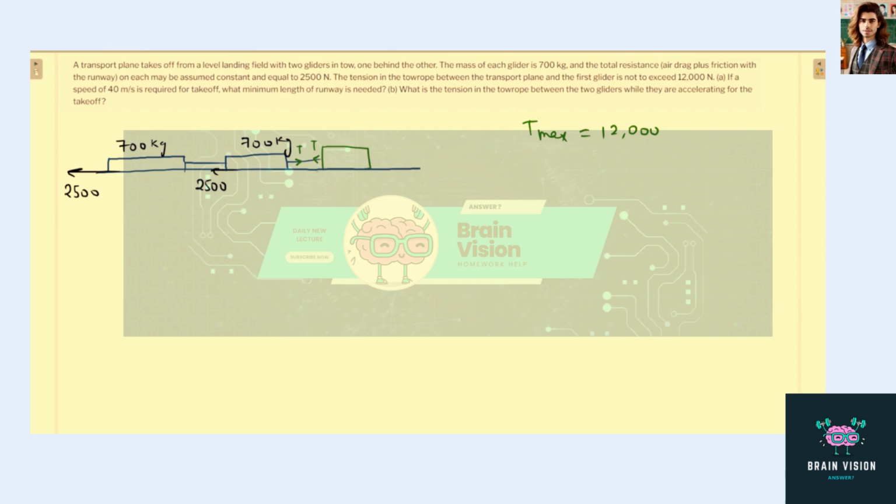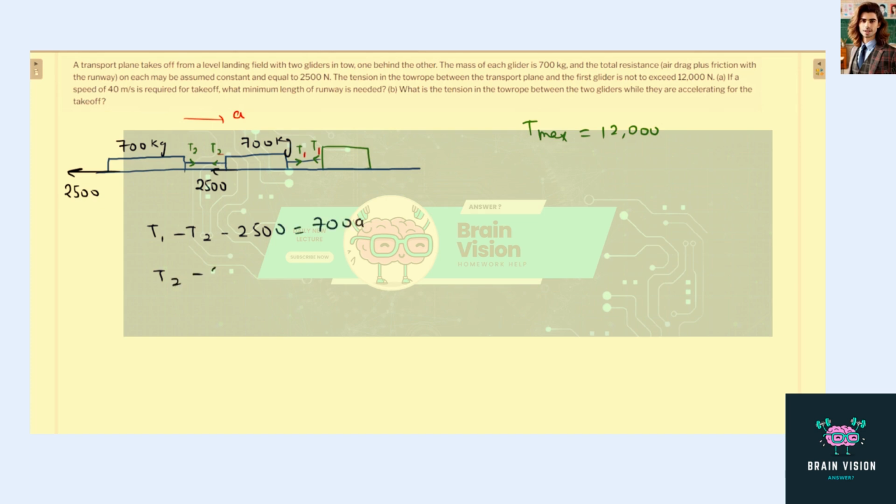For the first glider, let's call the tension in the first rope T1, and for the other rope, let's call the tension T2. Since it is accelerating with an acceleration of a, the equation of force is T1 minus T2 minus 2500 is equal to 700a, as there is another force of 2500.